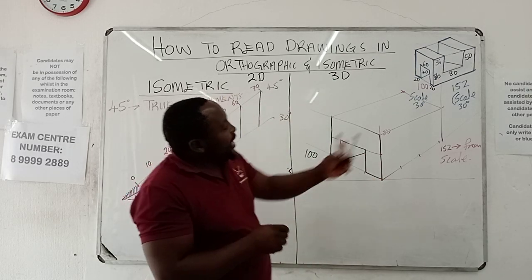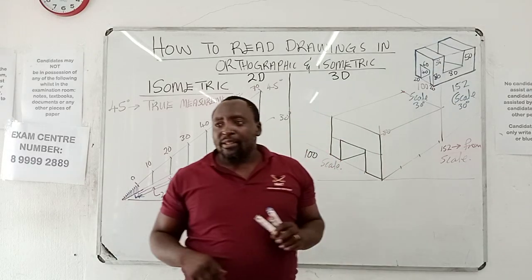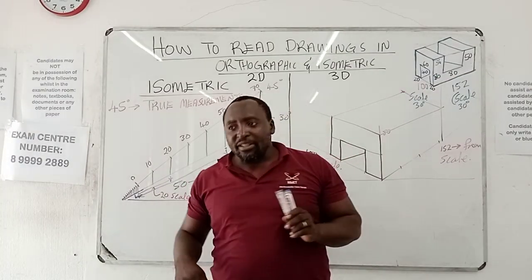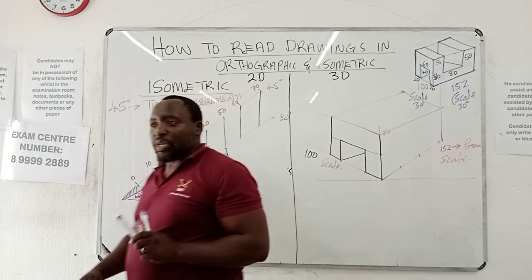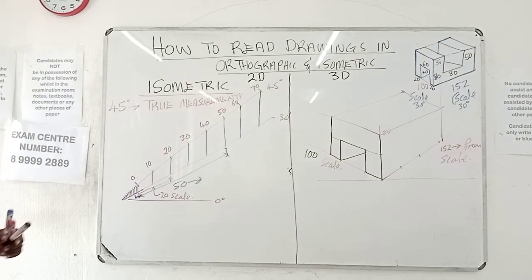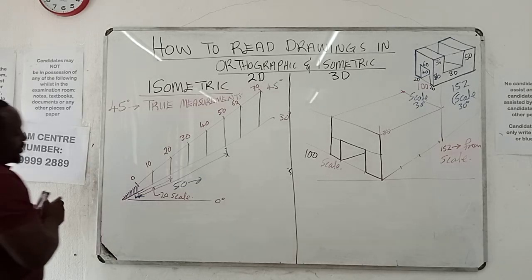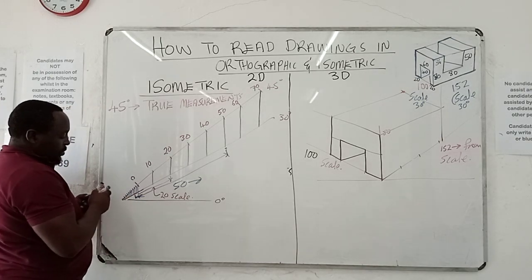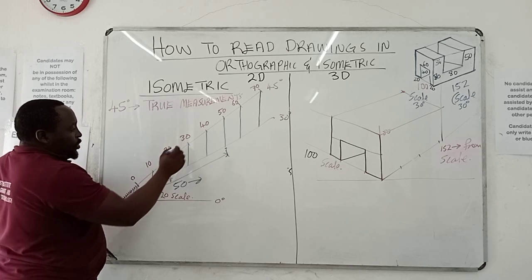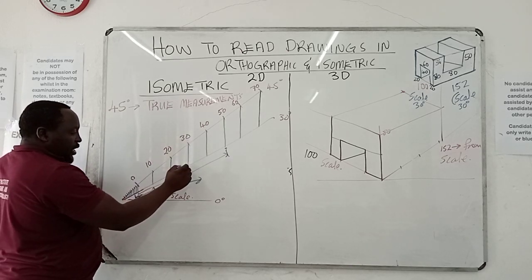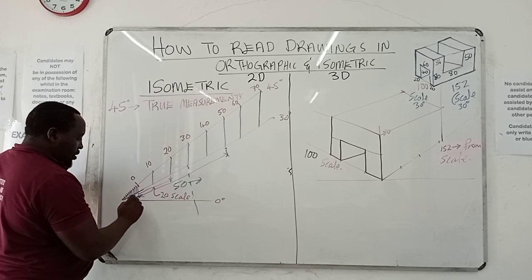Okay? Then I need to measure 36. 36 here and 36 there, so that I can remain with 80 in between. Okay? I'll come to my scale. This from there to there is my 30.